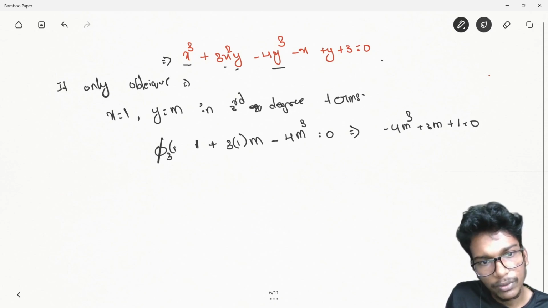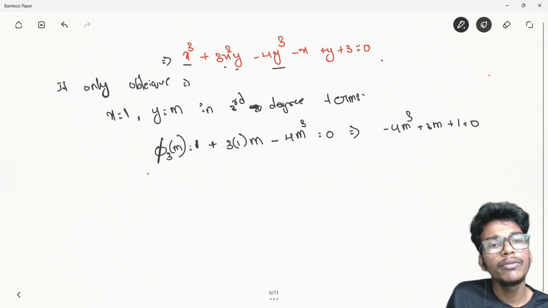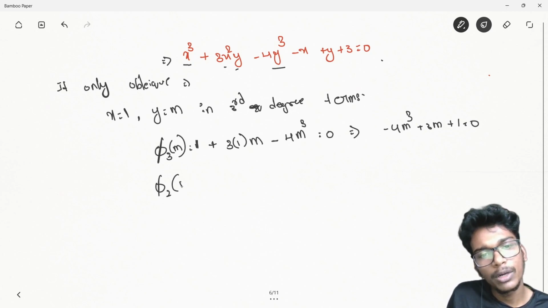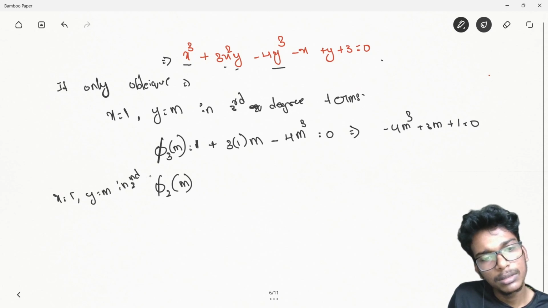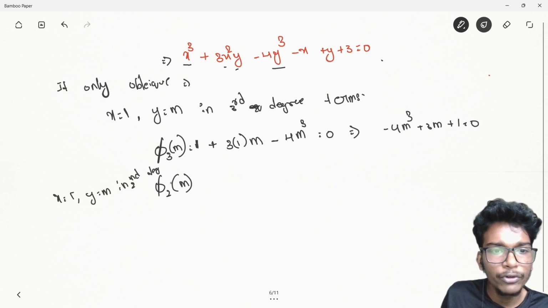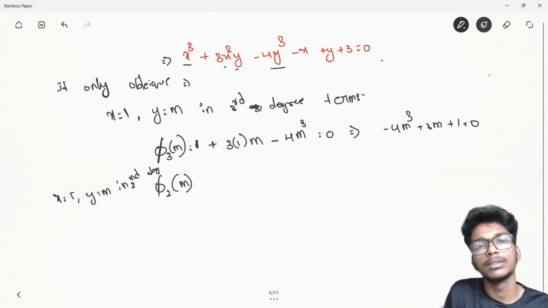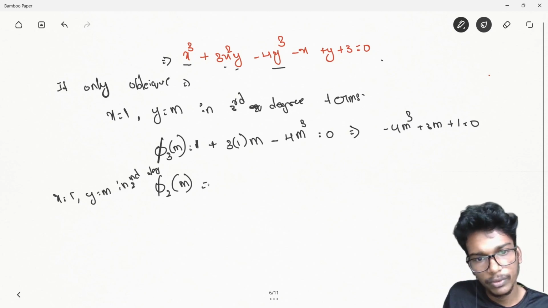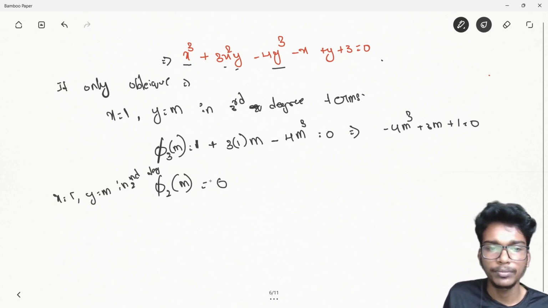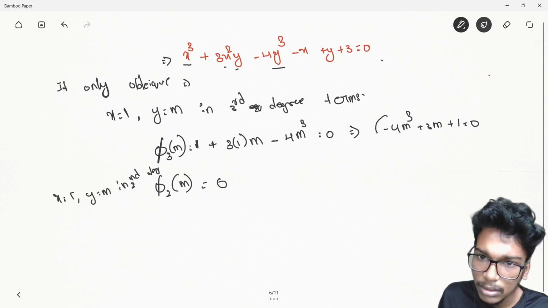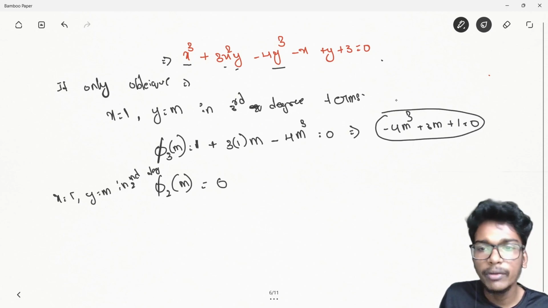That is phi 3 of m. Similarly, we will find phi 2 of m, that is x equal to 1 and y equal to m in the second degree terms. Here we don't have any second degree terms, so we are going to keep it as 0.